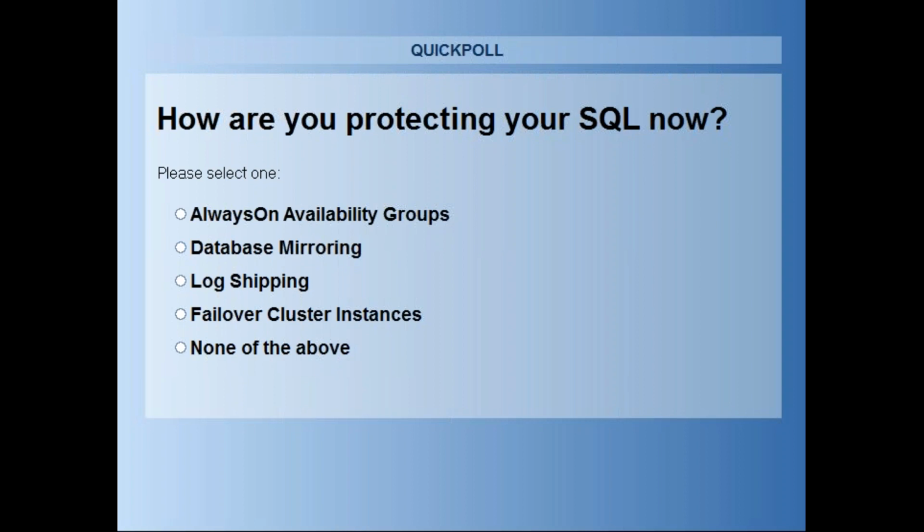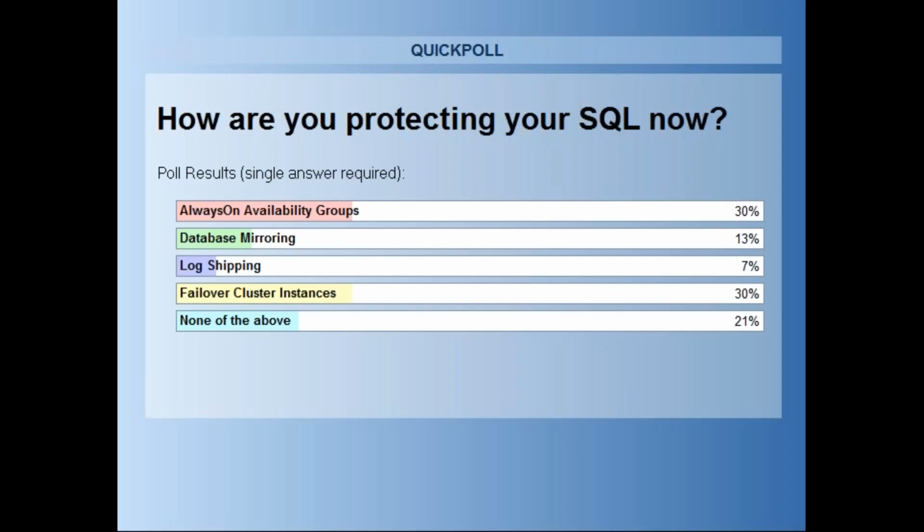I got a good amount of people voted so far, so let's give another 15 seconds and we'll close this and share the results. All right, let's close that. Share the results. So we have 30% Always On availability groups, 30% failover cluster instances, 20% none of the above, 13% database mirroring, and 7% log shipping.